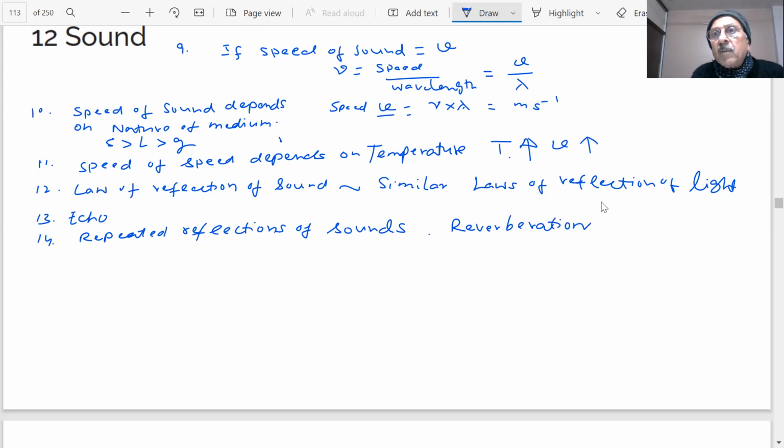And you have seen in big halls, theaters, huge buildings, what happens? What they do, a lot of carpeting is done, curtains are there, and sometimes there is a board. What is the use of that?